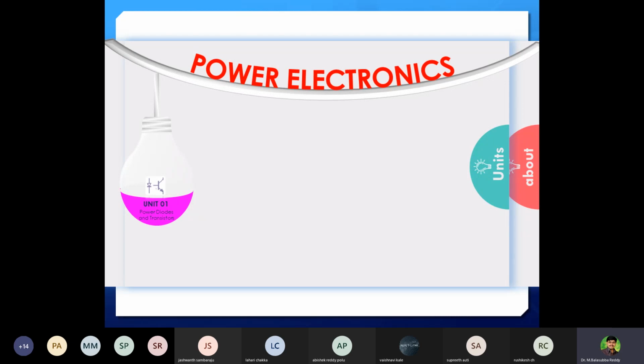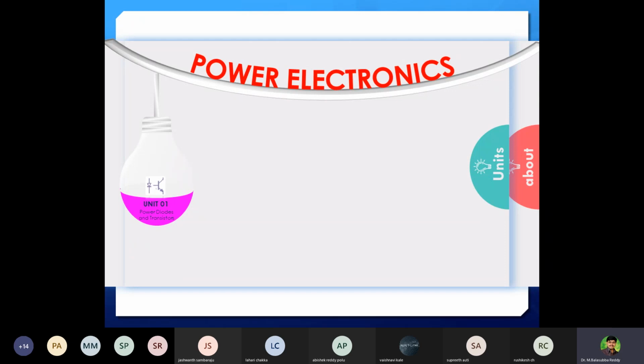That may be a diode. In general, a diode does not come under power electronics. Only somewhere we use the diode, as a sub-component like that. But the major components are here: SCR, silicon controlled rectifiers, BJTs, MOSFETs, IGBTs, like that.